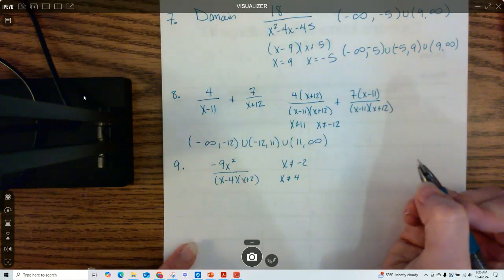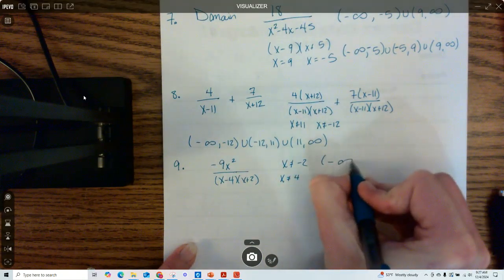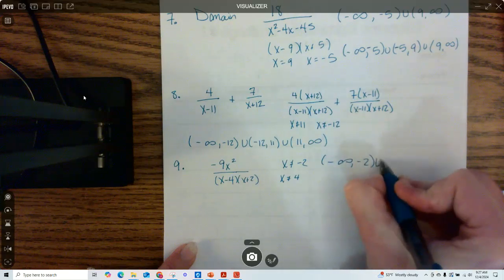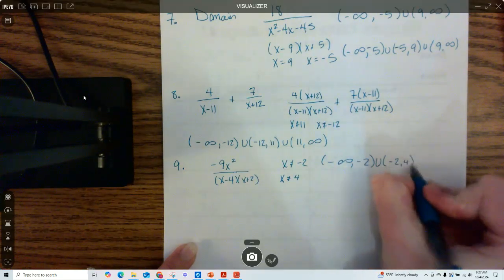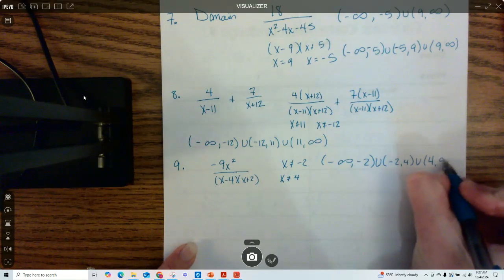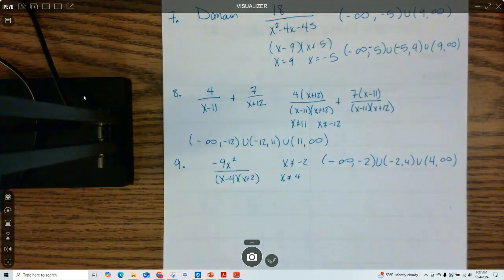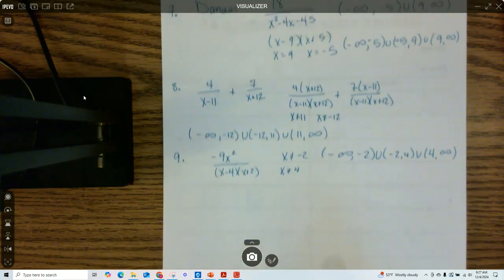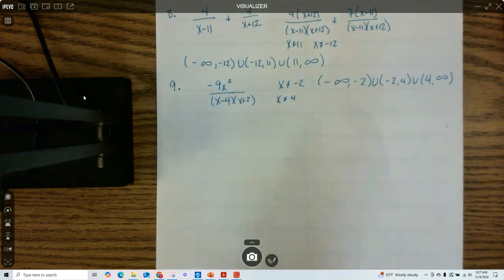Domain again, is that what it's wanting? Yep. Negative infinity to negative 2, union negative 2 to 4, union 4 to infinity. Those aren't too bad.